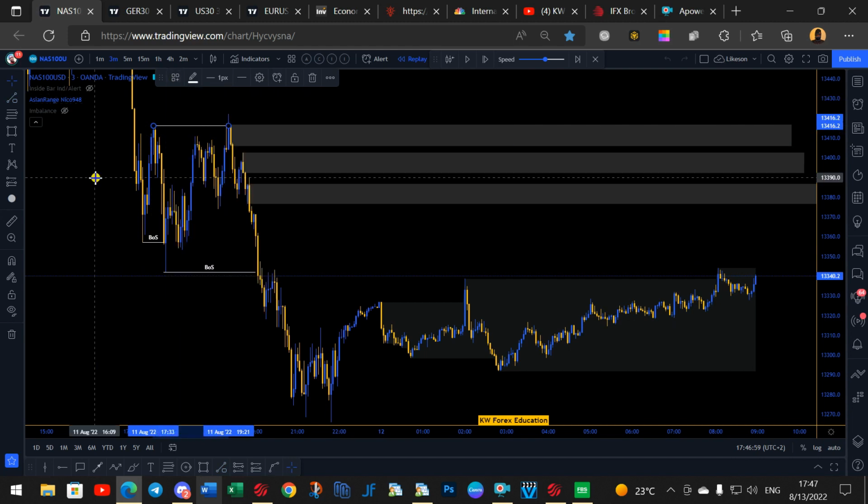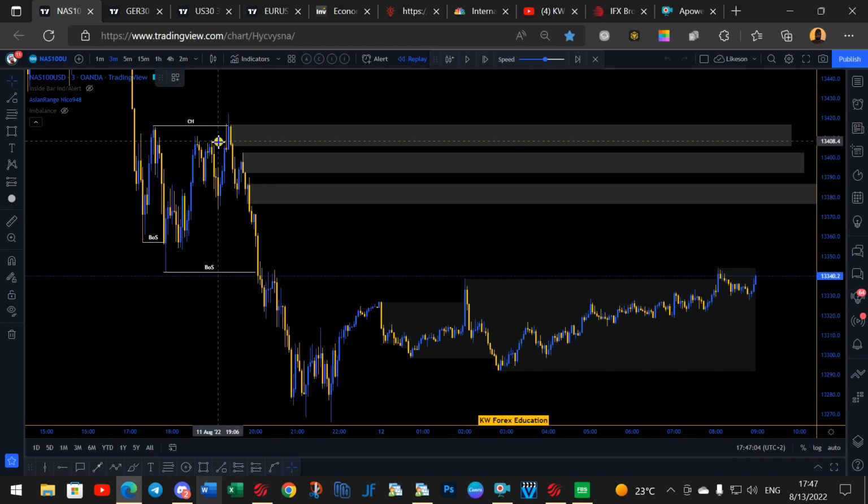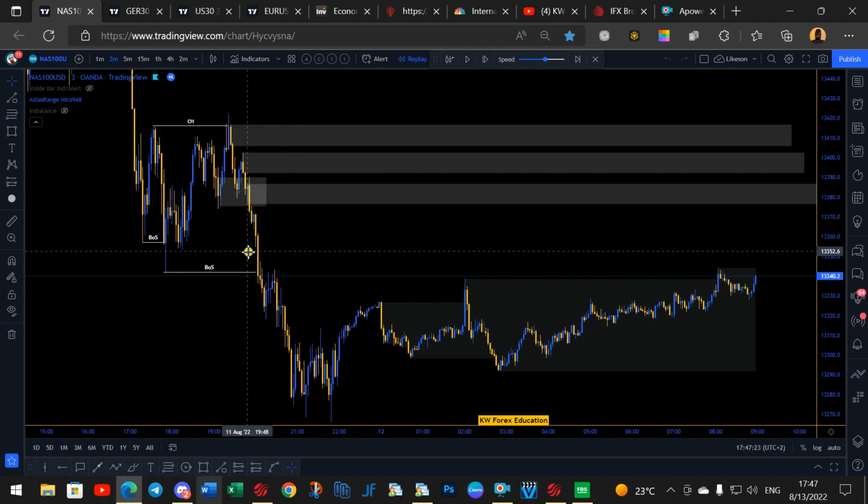It gave us a change of character there. So obviously here people are looking to buy, and the last demand before this change of character, the last demand that was in control was this one, right? So was that one, and then it didn't hold, and then we had a flip, right?